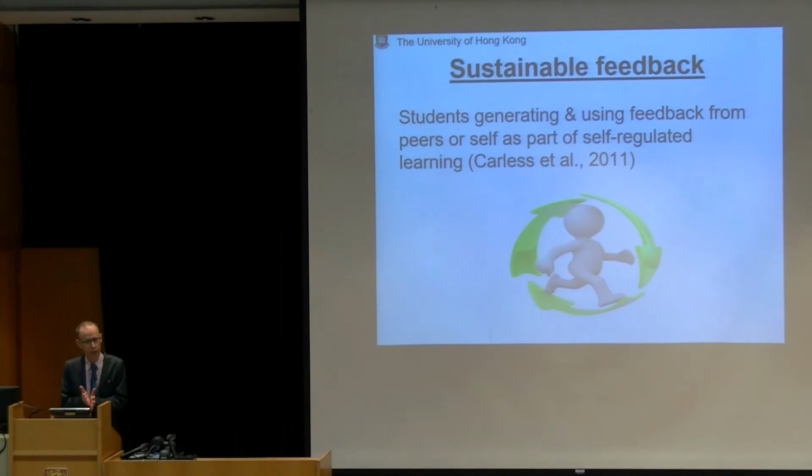It's teaching them how to do peer feedback. It's training them. It's also encouraging them to do self-evaluation. It's trying to support the notion of lifelong learners, and that students need to be generating and using feedback as part of their own self-monitoring and metacognitive strategies.